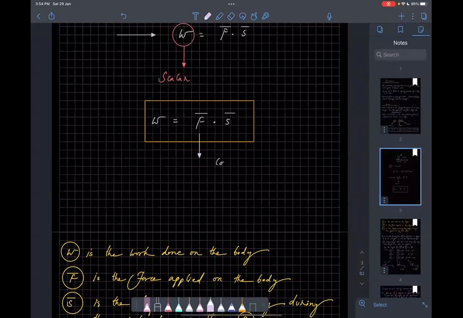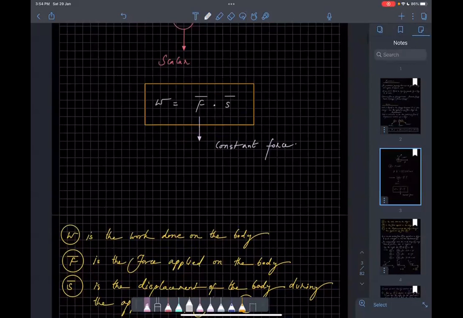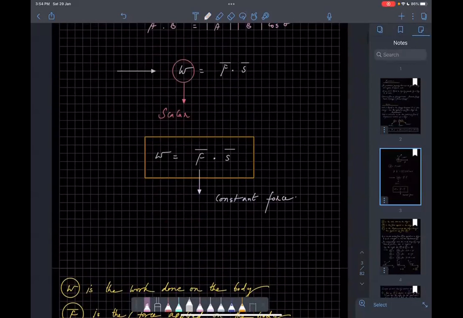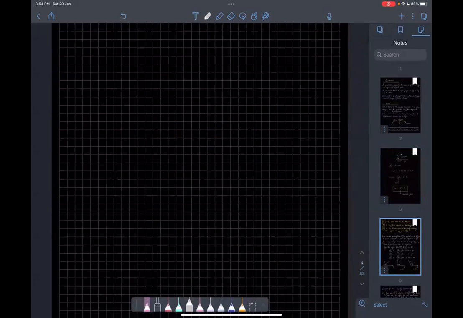But if it is not constant, what will you do? Integrate. You'll write one equation first. Which equation? This equation. Okay, I'll write it on the next page.